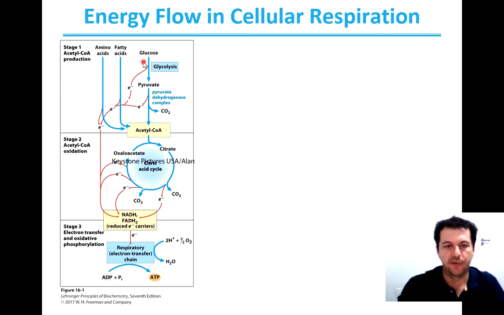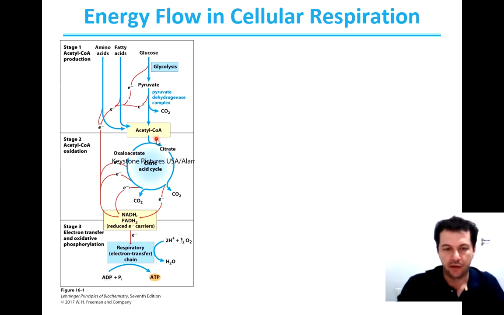For example, if you are not taking in carbohydrate, your body is going to start to degrade fatty acids or proteins. Proteins release amino acids, and these two kinds of compounds can be converted into acetyl-CoA. Acetyl-CoA is a substrate for many pathways, not only the TCA cycle.